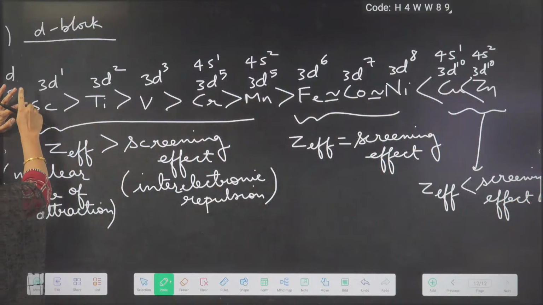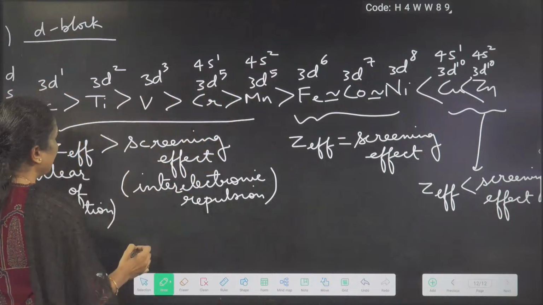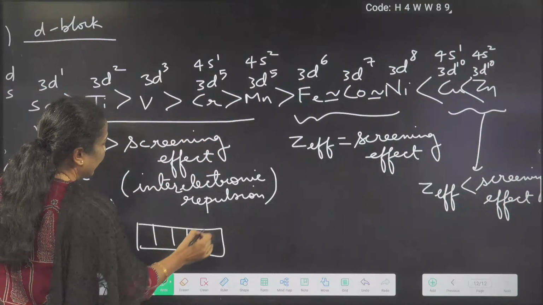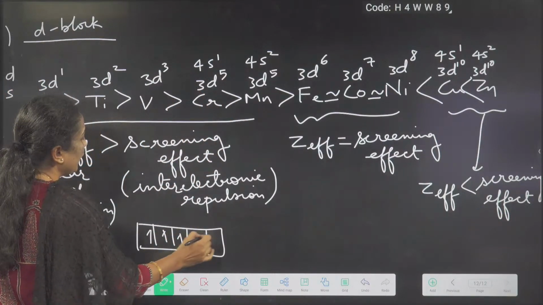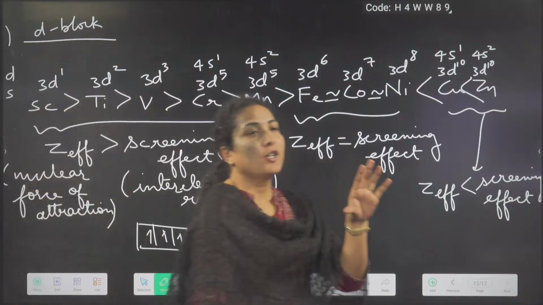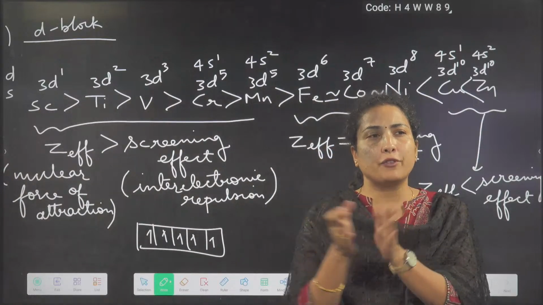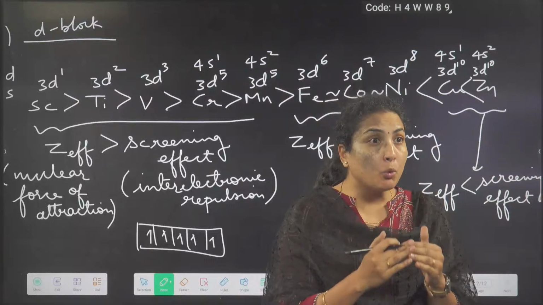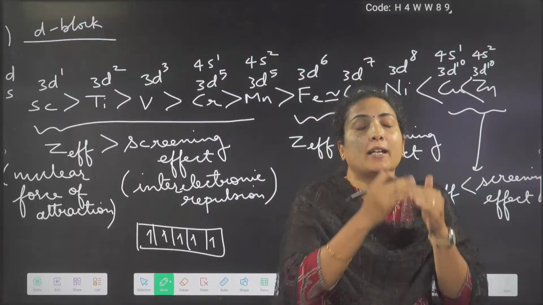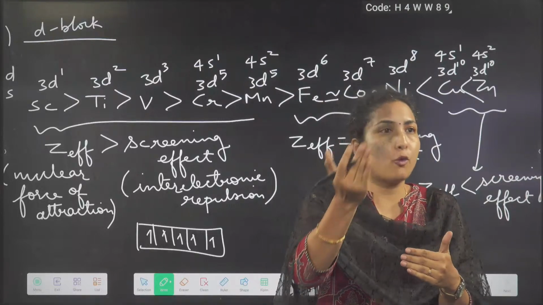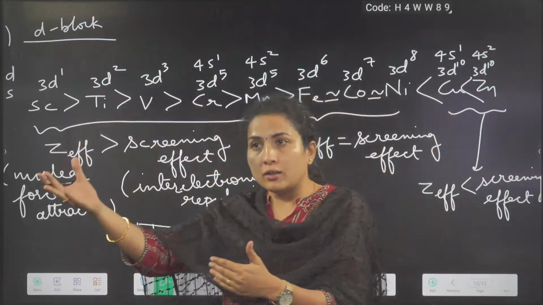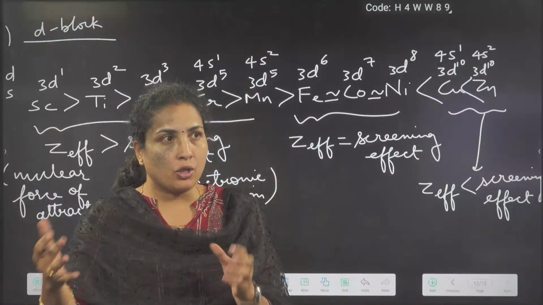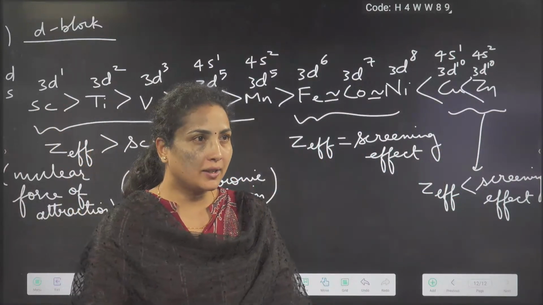When I am moving from scandium to Mn, are you able to see that the subshell is getting progressively filled up? And as it is getting progressively filled up, what is going to happen? Their shielding power is poor. So because of that, they are not able to hold on to the nuclear force of attraction for the outermost shell electron, and hence the size is decreasing.